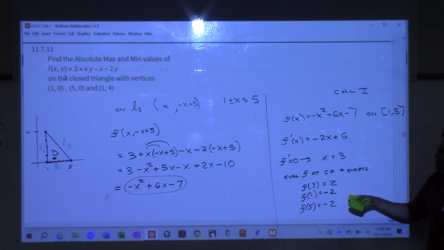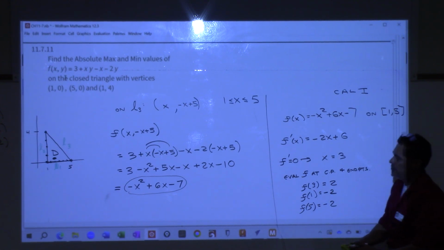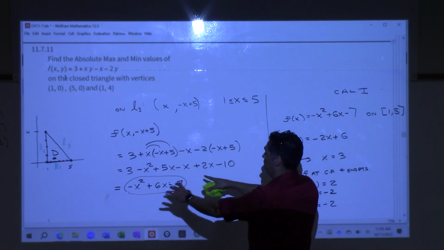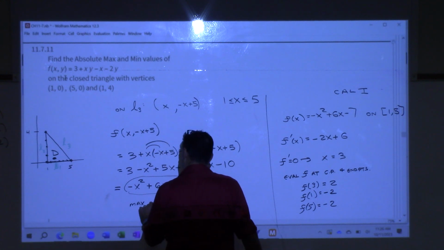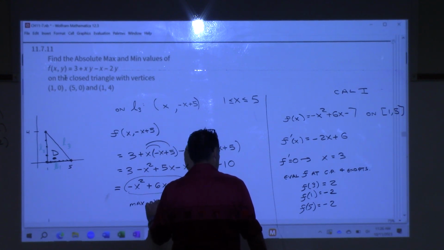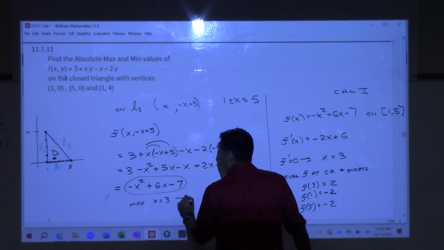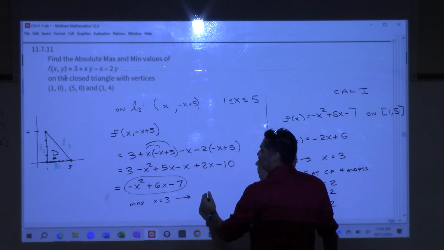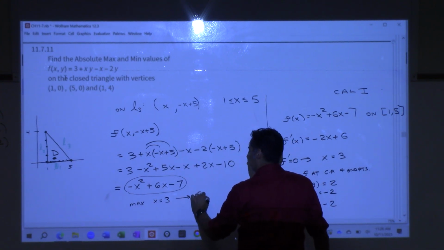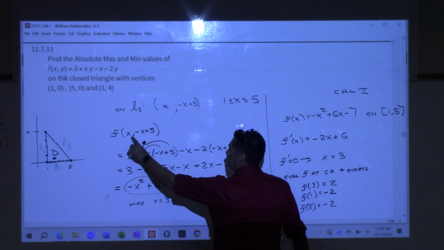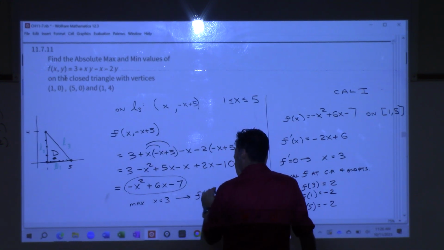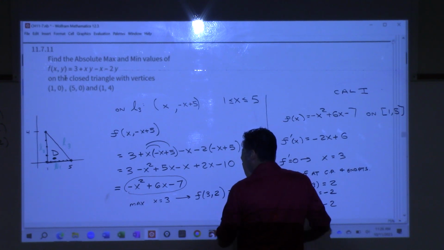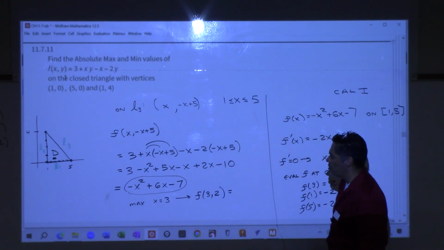Okay. So what does that tell us over here? Back over here, this is where we were trying to figure out when this is the biggest. This has a max when x is 3. Okay, what does that tell me about the point, though? That's really f of 3, I'm plugging in 3, 2. And what should happen when I plug 3, 2 into the original function?